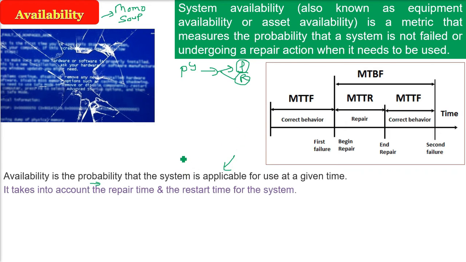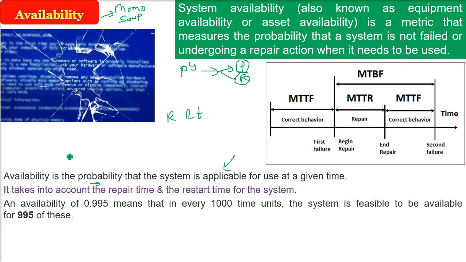As I said, this takes into account the repair time and the restart time. This also counts for that. And availability of 0.995. Normally the value of availability will be 0.99, 0.999, like this. Most of the systems which have to be up every time, the availability is quite high. They want it really high. So 0.995 means in every 1000, we can write it like this, 995 by 1000.